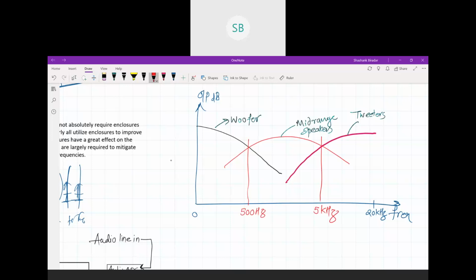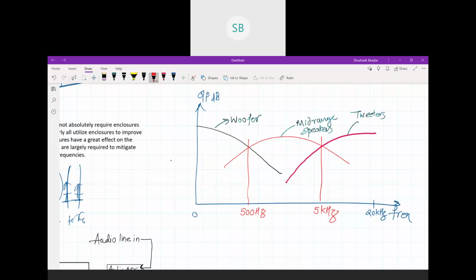If you compare the components of the multi-speaker system, that is woofer, mid-range speaker, and tweeter, the frequency ranges are: woofer 40 hertz to 1 kilohertz, mid-range 1 kilohertz to 5 kilohertz, and tweeters 5 kilohertz to 20 kilohertz. As for size, the woofer is large, mid-range speakers are mid-size, and tweeters are the smallest.